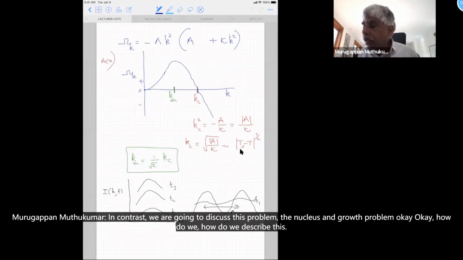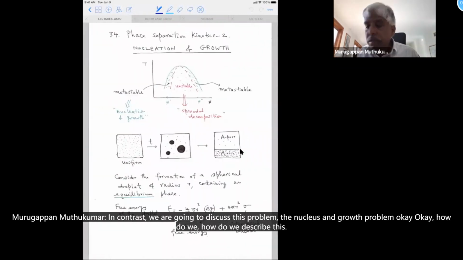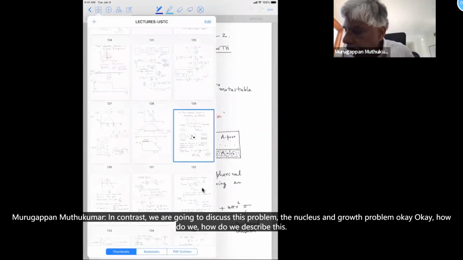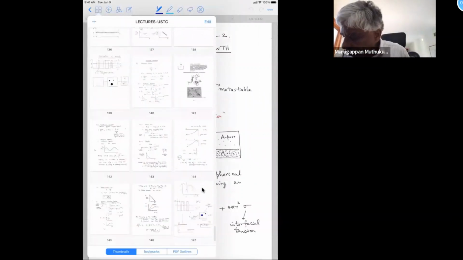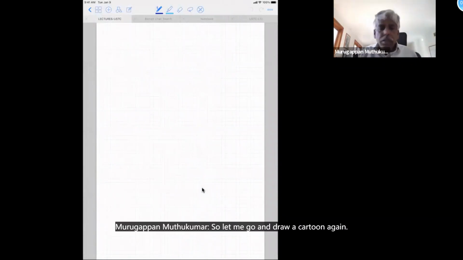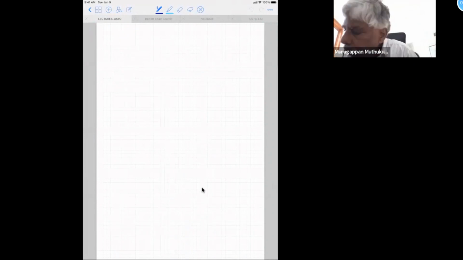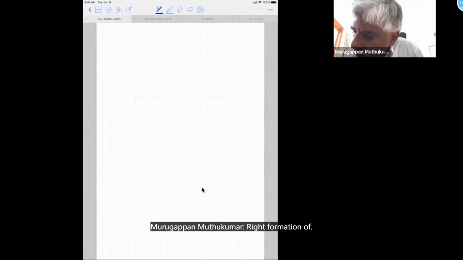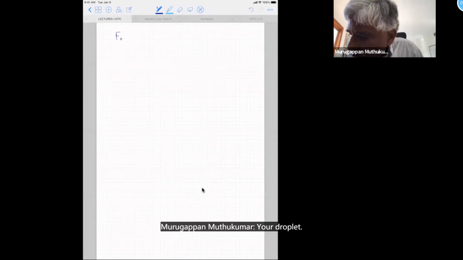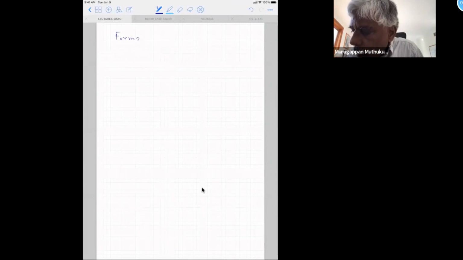In contrast, we are going to discuss the nucleation growth problem. How do we describe this? So let me draw a cartoon again. What I'm going to do is consider formation of a spherical droplet.